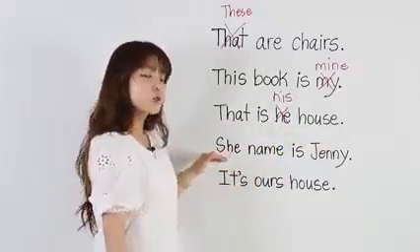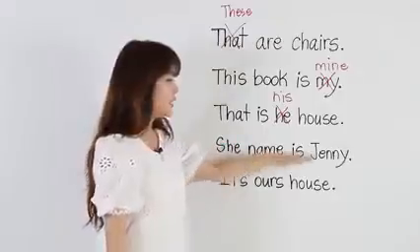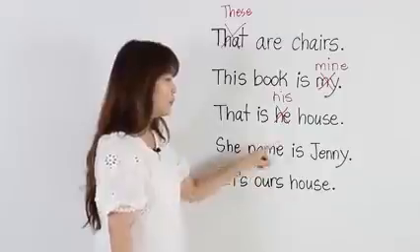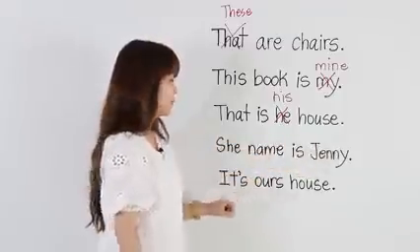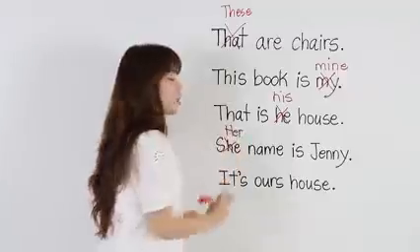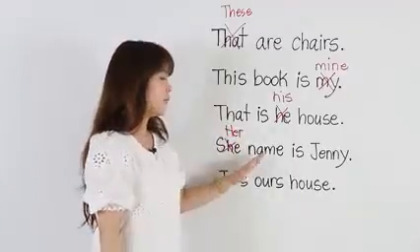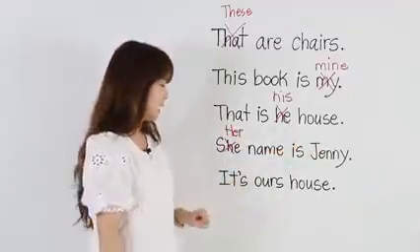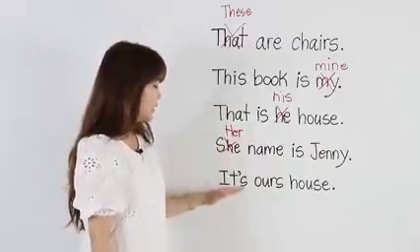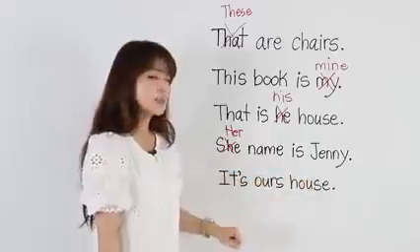Similarly, for the next one, she name is Jenny. We want to show that this name belongs to Jenny. So we say her. Her name is Jenny. Okay, and the last one is also similar. It's ours house.